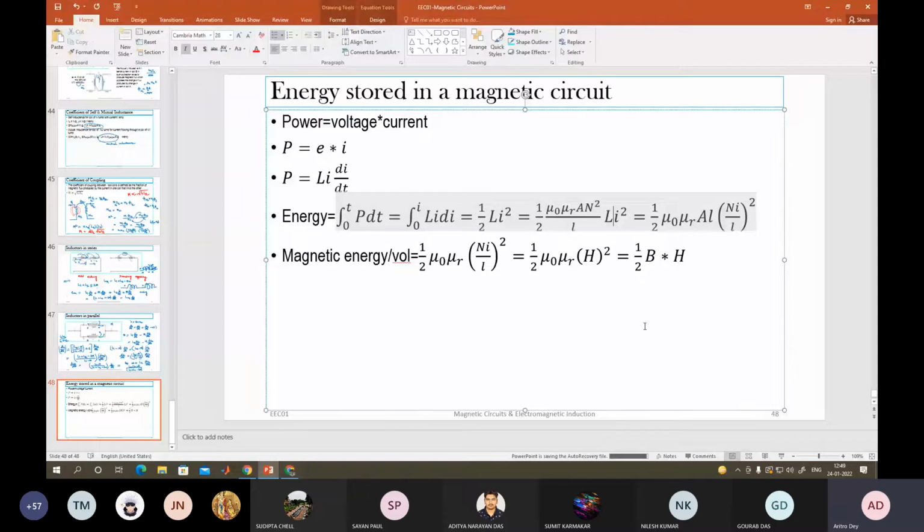So this is the expression. Magnetic energy per volume, A into L is the volume of the magnetic material, so that is equal to half into BH. We can also show that the area under the BH curve is equal to your magnetic energy.